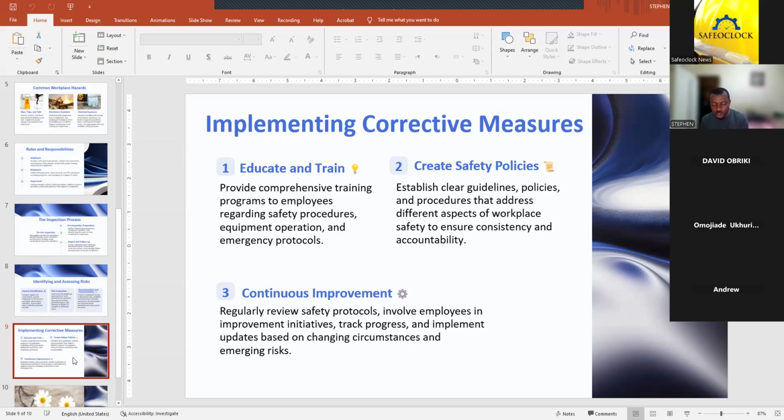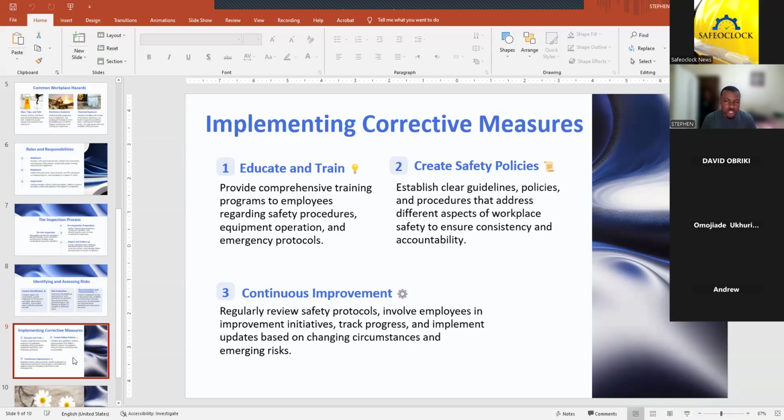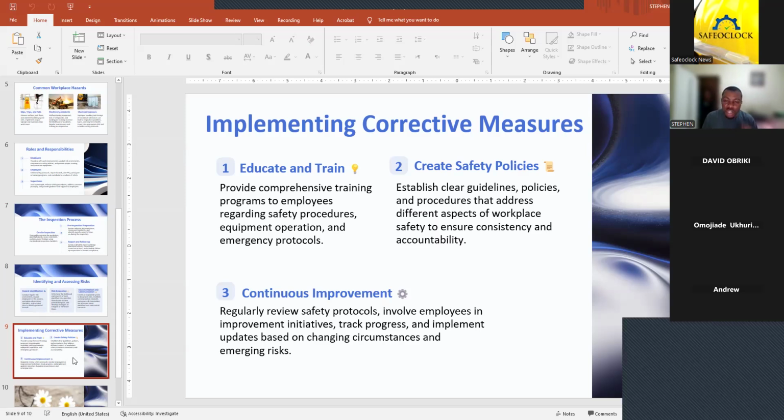It's not necessary that we wait until we have a change in management or an accident on site. Even on a normal inspection, things might change, and once things change in that aspect, we can review our policies and procedures.